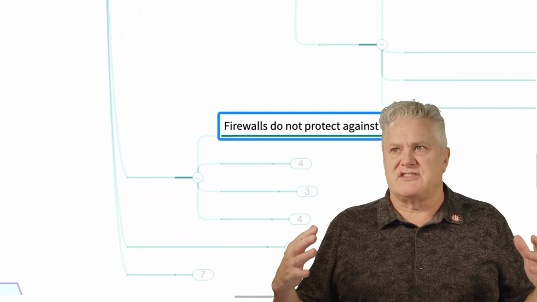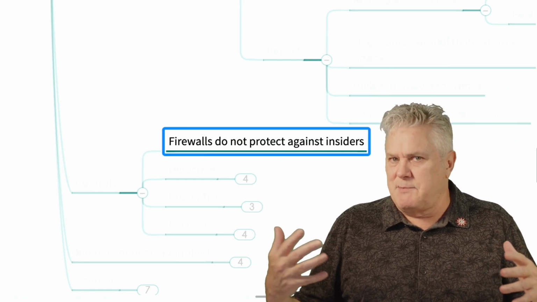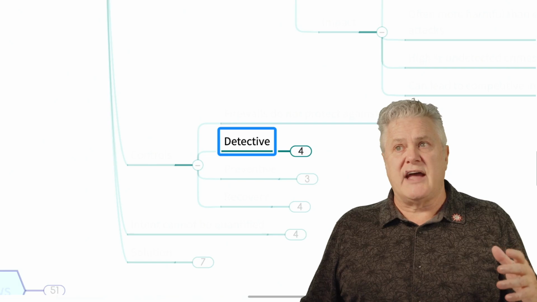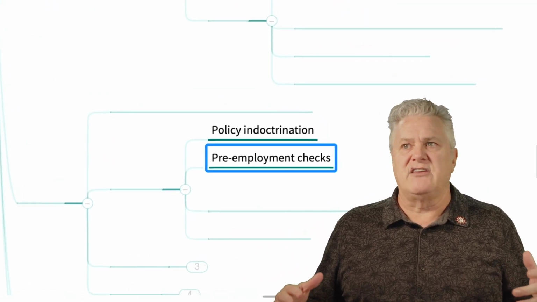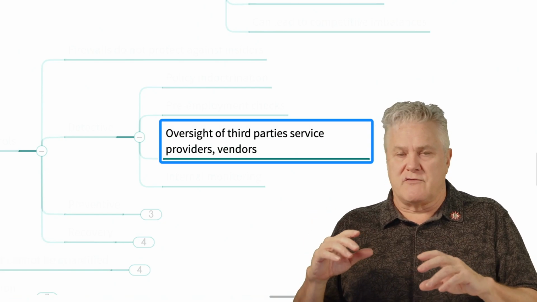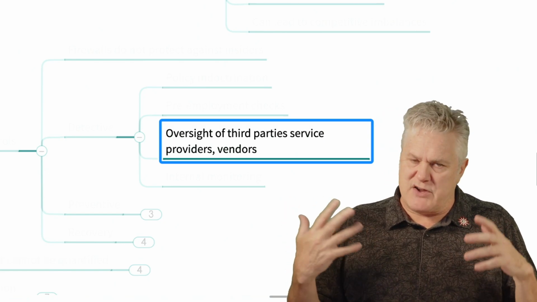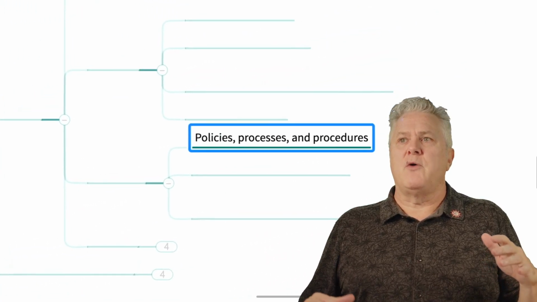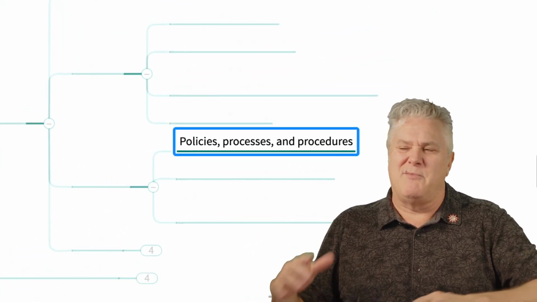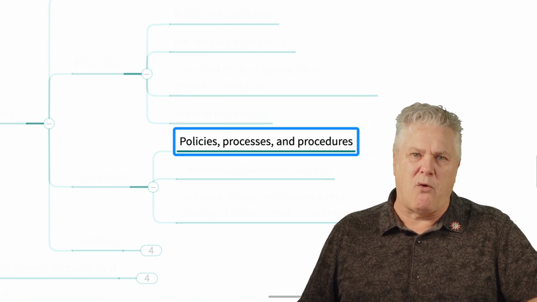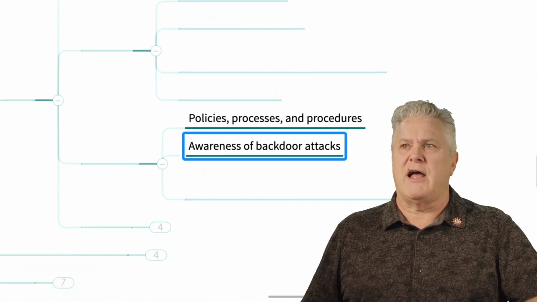Okay, how do we fix this thing? Well, a lot of times people go, oh, firewalls. Well, no, firewalls don't work here. A detective set of controls would be like policy indoctrination, pre-employment checks, oversight of third-party service providers and vendors that we have out there, especially in software as a service, and then internal monitoring. For preventive, we want to look at policies. Oh, wait a minute, all this paperwork again? Yeah, all that paperwork is really going to make it work really well here for insider threats.